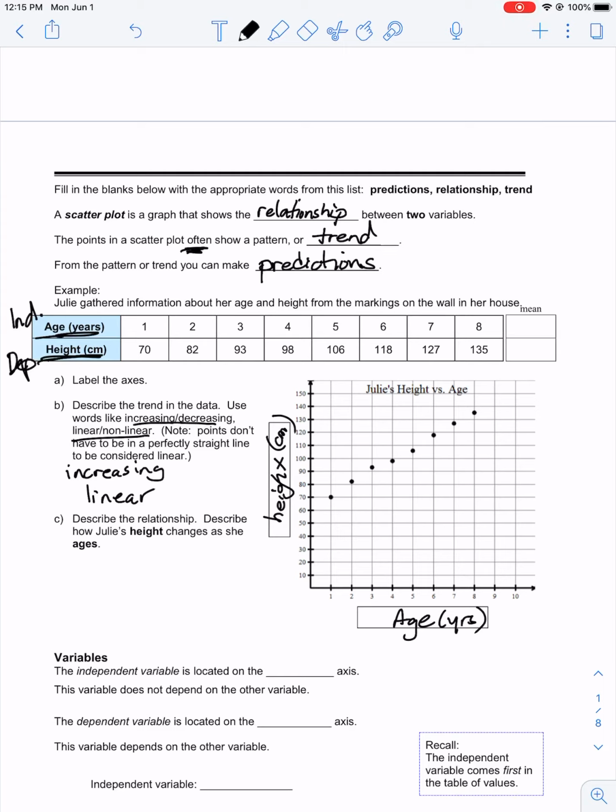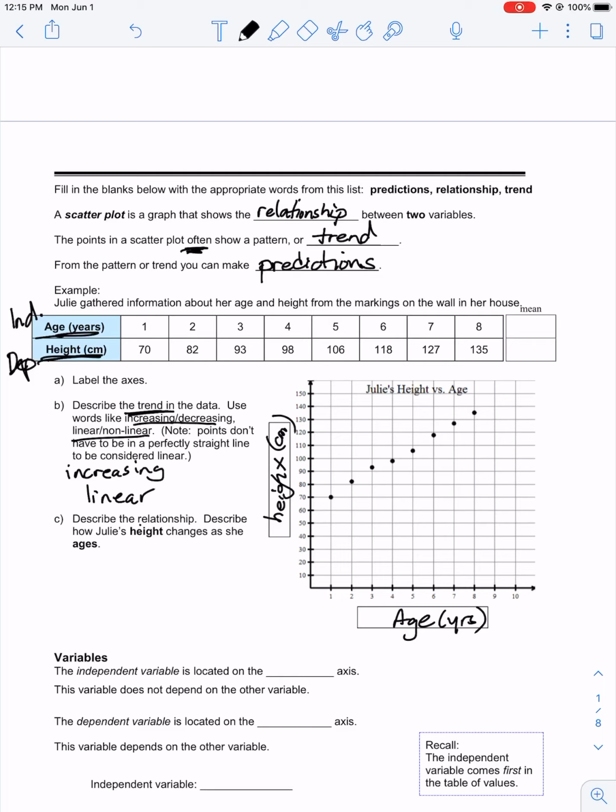We want to draw a straight line, which we will in a minute, that kind of follows the trend of the data. So describing the trend means what do the points appear to be doing? They're increasing. They're increasing in a relatively linear fashion. It's not perfect, but it's true.